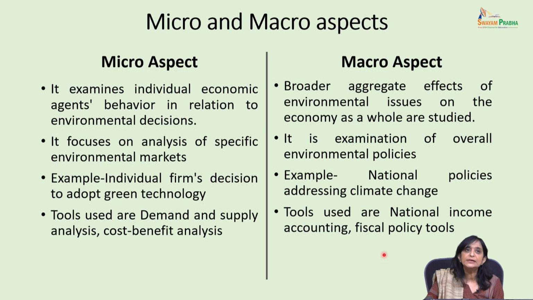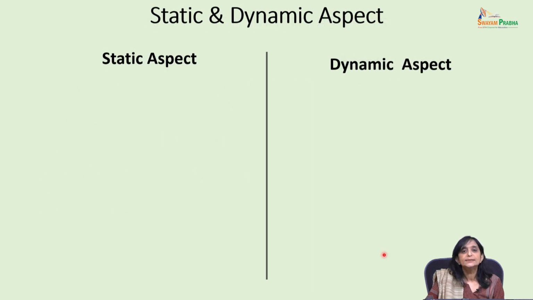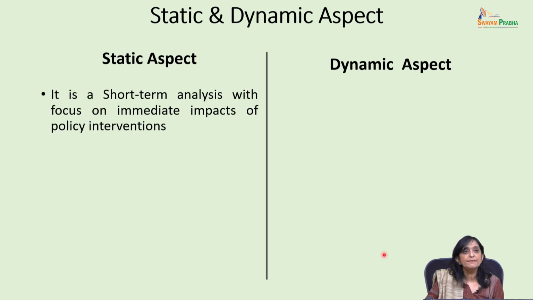So as you will agree with me, environmental economics does not only talk about the individual economic agent's behavior, rather it also understands what is happening at the macro level. The next nature we will be talking about is the static aspect and the dynamic aspect. What do we mean by static?